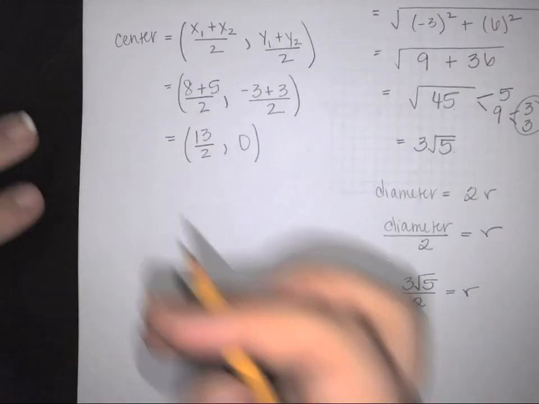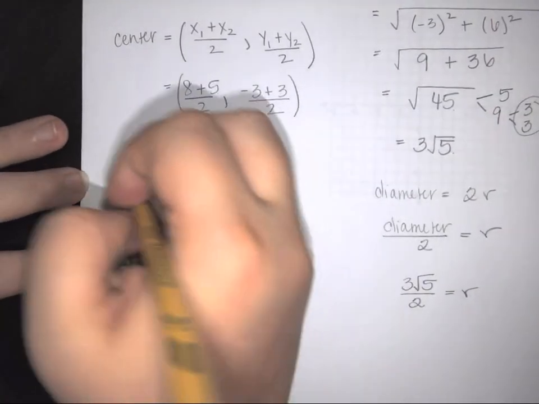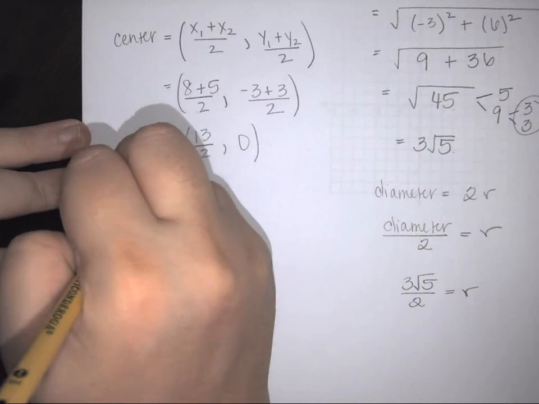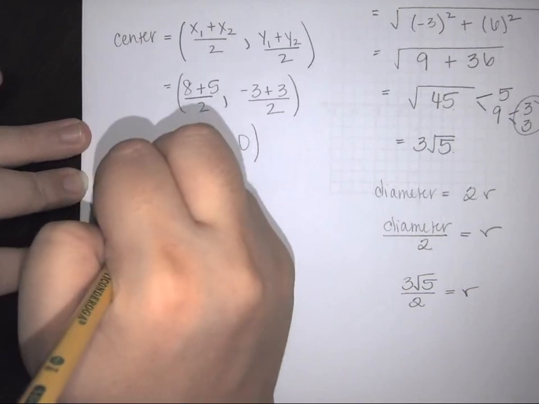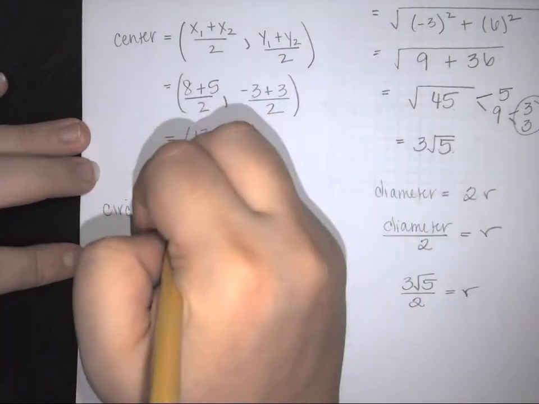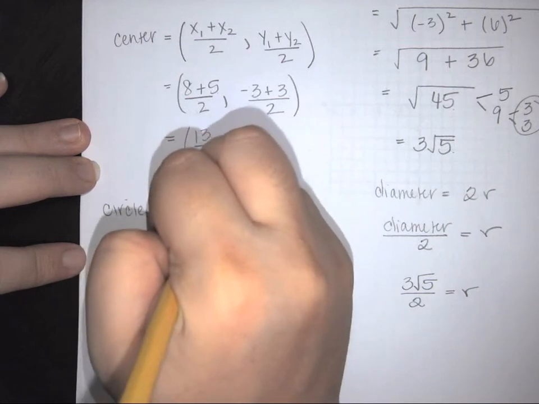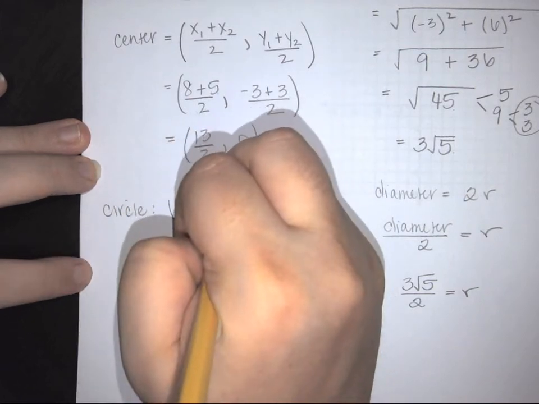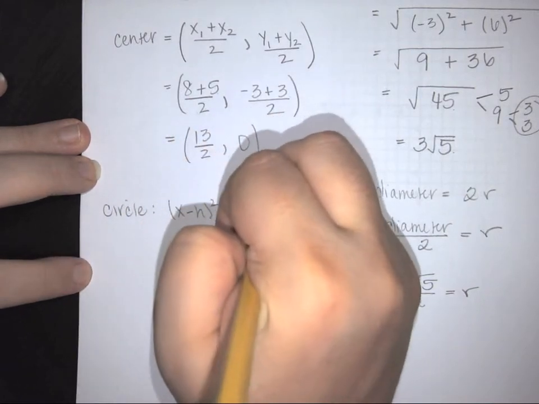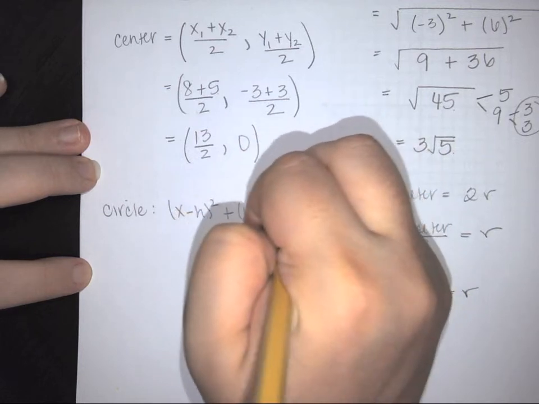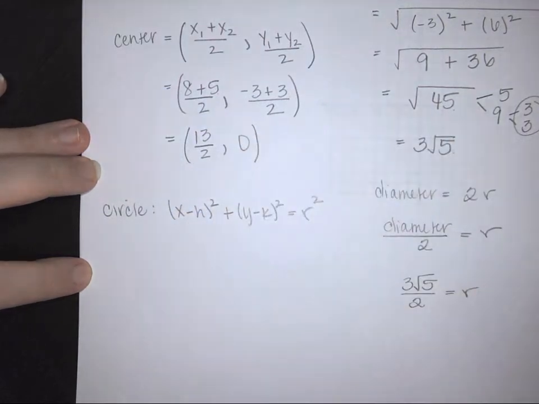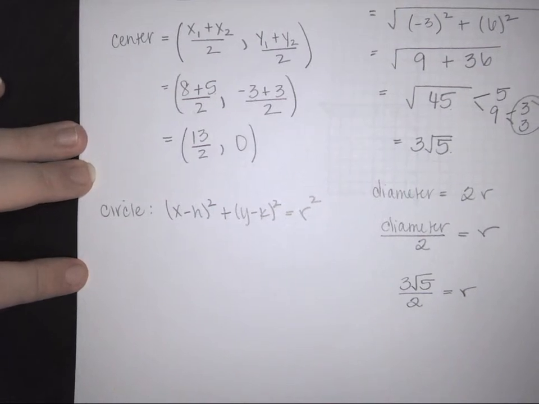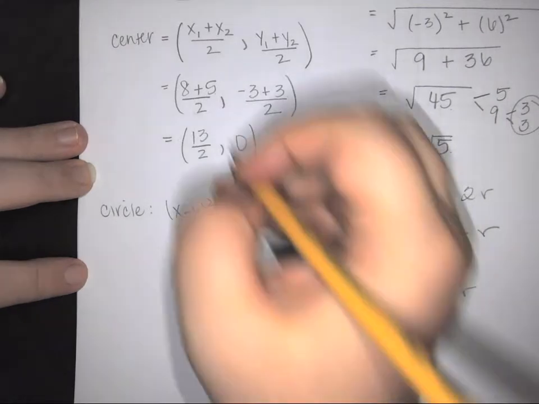So here what we have to do is find our equation. Your circle is found by x minus h squared plus y minus k squared equals your radius squared. Remember, h and k come from your center.